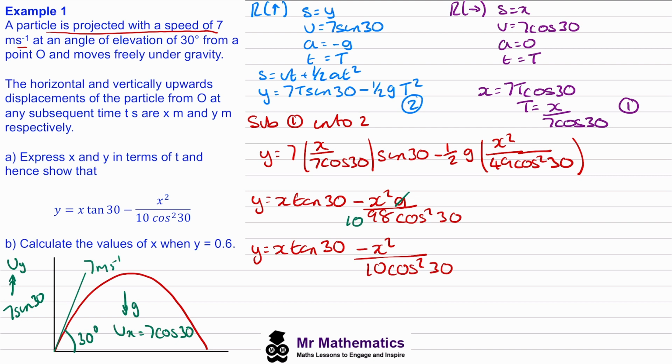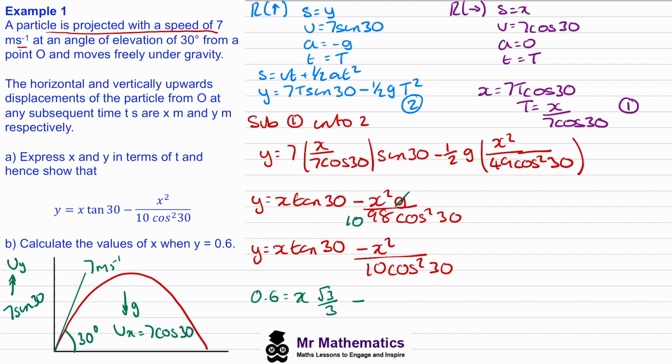Okay? And then for part B, we can substitute this 0.6 in place of y to find x. So 0.6 will equal x tan 30, which is root 3 over 3, minus x squared divided by 10 cos squared 30.